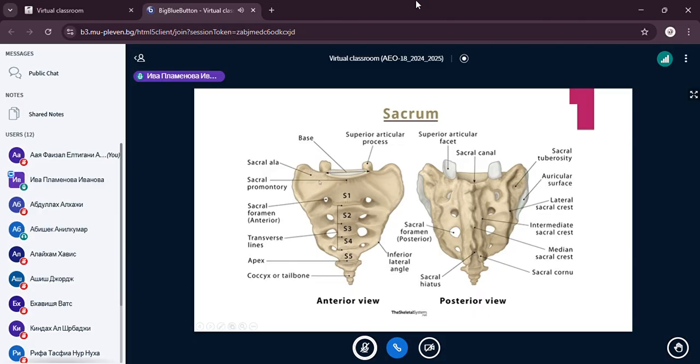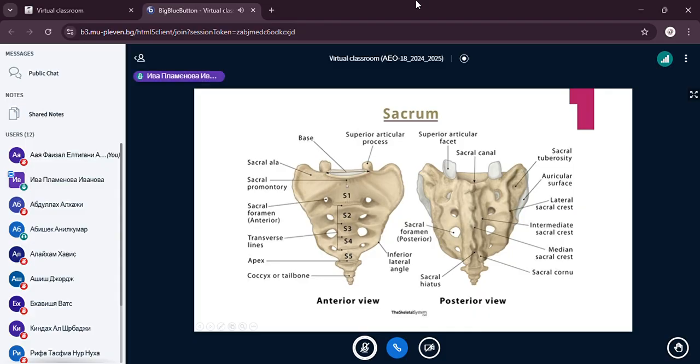I told you that on both sides of the base we have ala ossis sacri or wings. And of course, the pelvic surface, which is anterior, the dorsal surface, and we have two lateral surfaces.